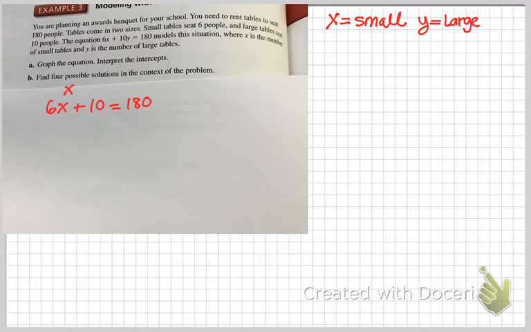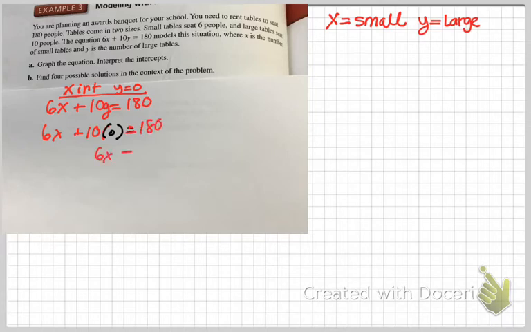So if I want to find my x-intercept, I have to set y equal to 0. So I'm doing 6x plus 10y, 10 times 0, equals 180.